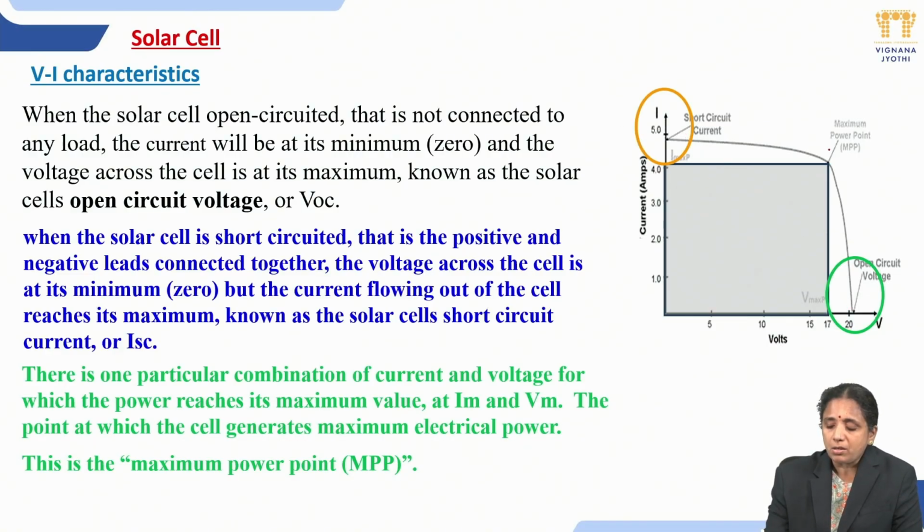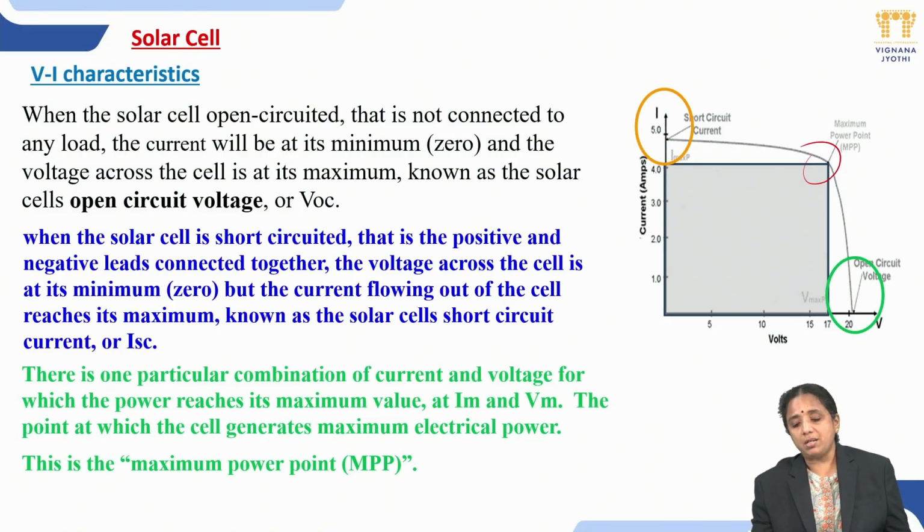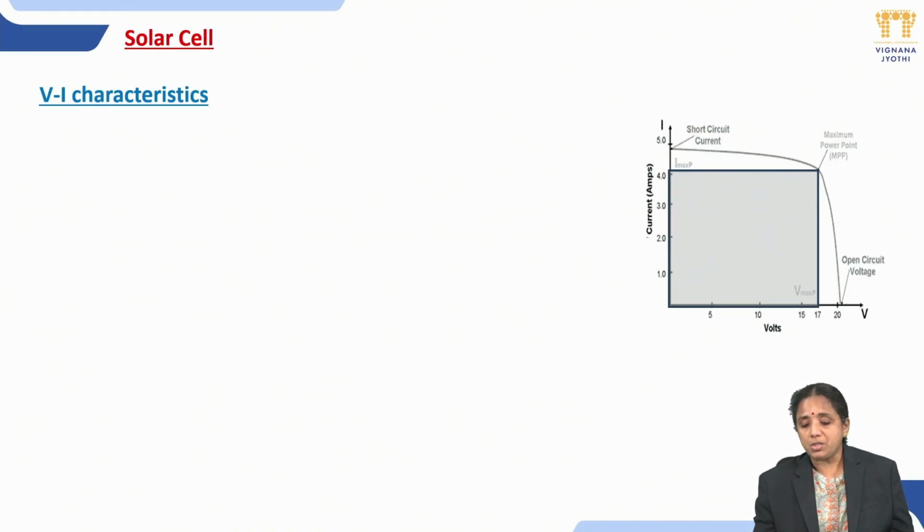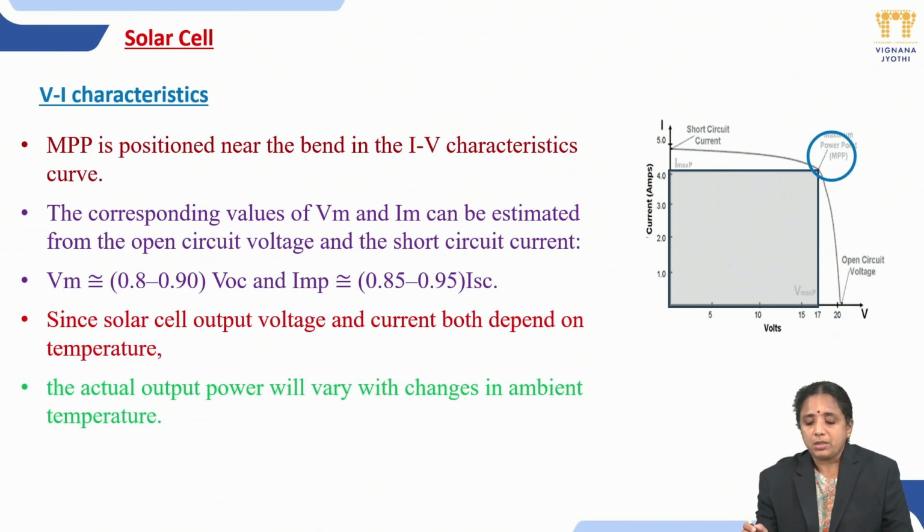So there is one particular combination, the maximum power point, where maximum electrical power is generated for a particular value of current and voltage. It is a bend, and it can be estimated from the short circuit current and open circuit voltage. Both depend on temperature, because whenever the light energy falls on the solar cell, electrical energy is generated.